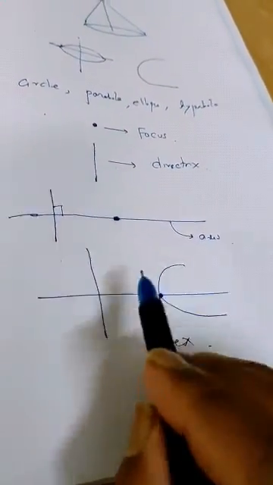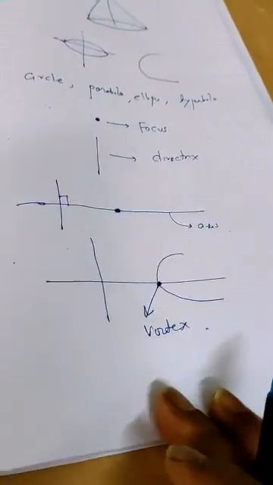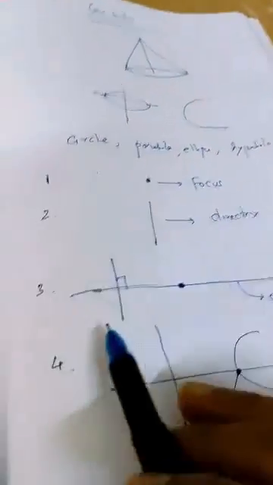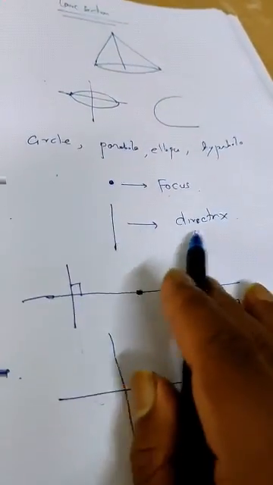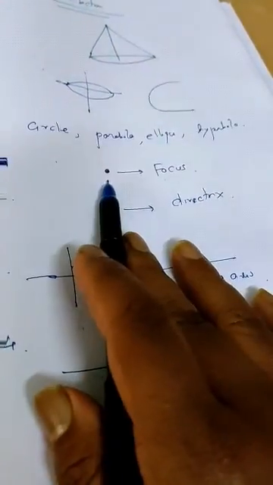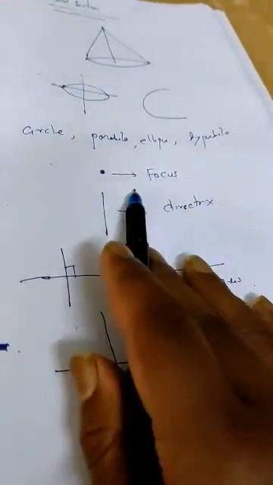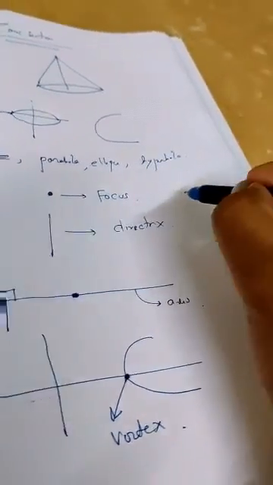Even if it intersects at more than one point, they will be vertices. Similarly, if there are two or more directrix, we will call them directrices. Fixed points, we will call foci, F-O-C-I.